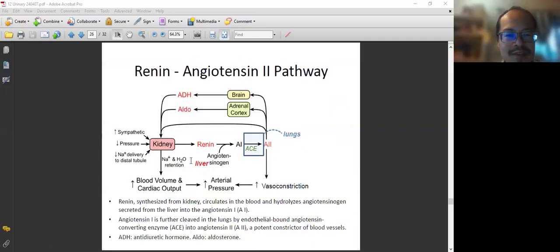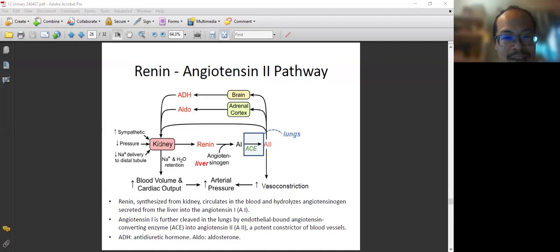The next one is here's a picture that summarizes what we just talked about, the renin angiotensin 2 pathway. So here is the kidney. It produces renin, and earlier we talked about the kidney, but now we know where: the juxtaglomerular cells produce it.